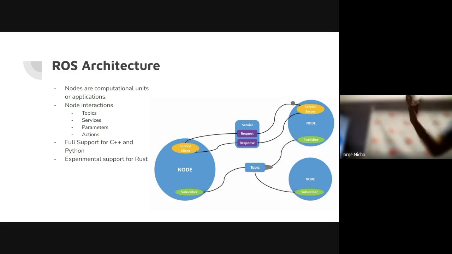This is different from the topic in that it's a one-to-one interaction, and the transaction goes back and forth between the client and the server, as opposed to the topic where it's usually a one-directional exchange. In ROS, there's full support, at least for the core libraries, for C++ and Python, and I believe there's some experimental support for Rust, which I'm not familiar with. I haven't used it, but I've read a little bit about it.